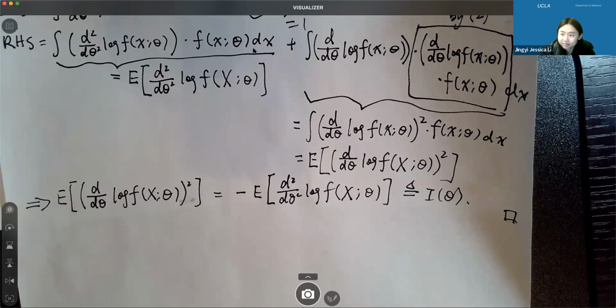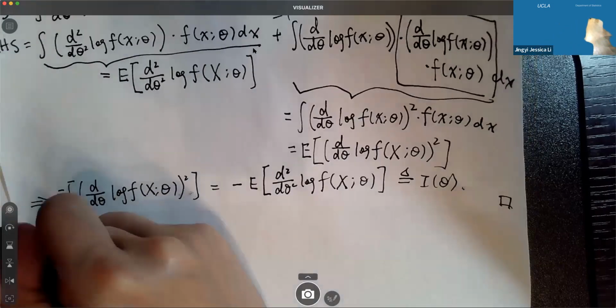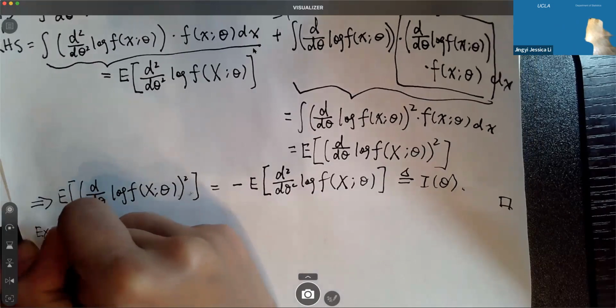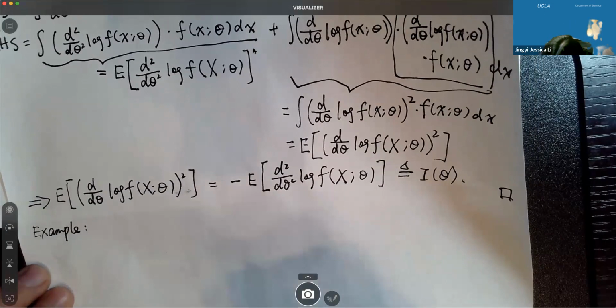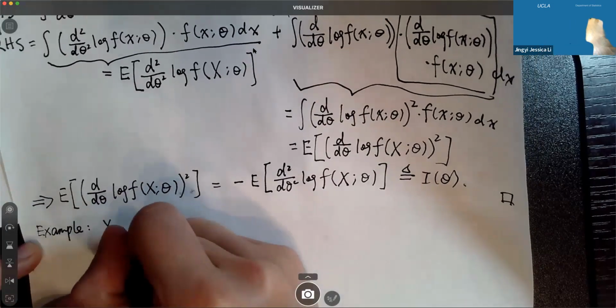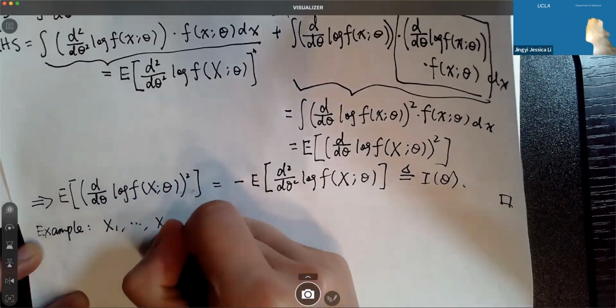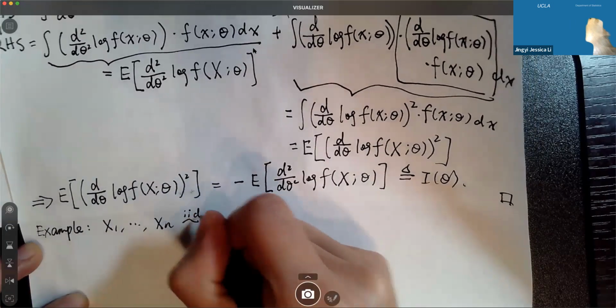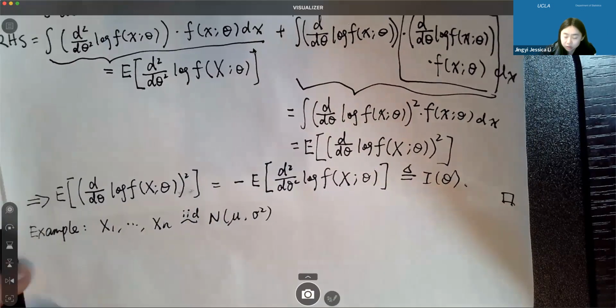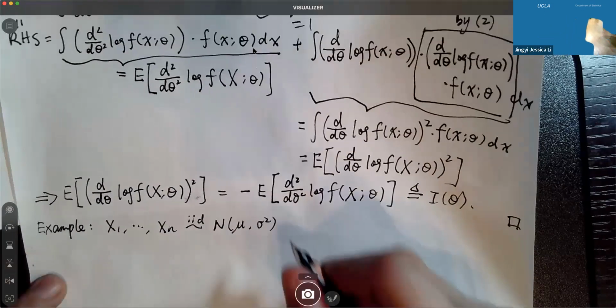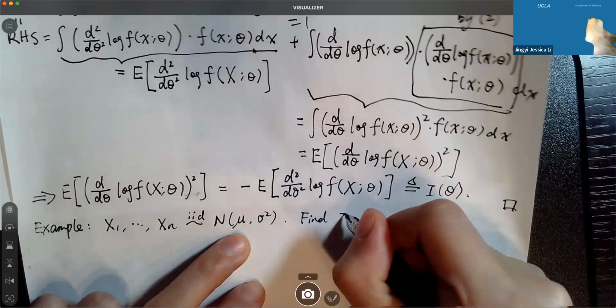All right, so let's do one example about Fisher information. Say we have X1 to Xn from a normal distribution with mean mu and variance sigma squared. Here we just want to find the Fisher information of mu only.